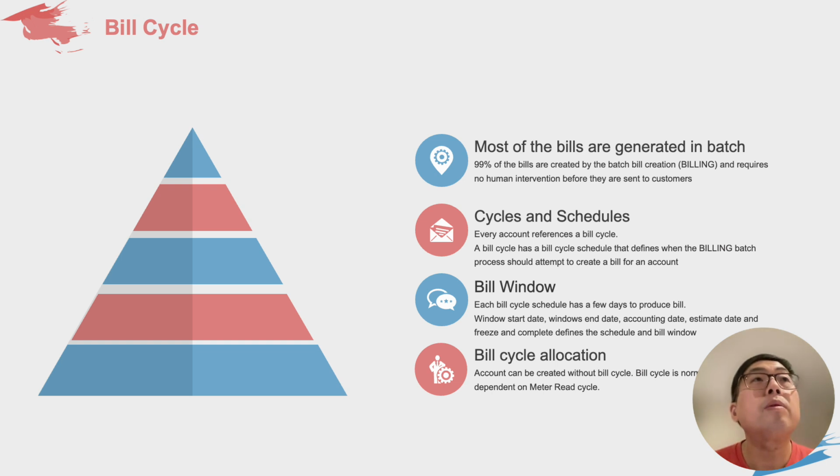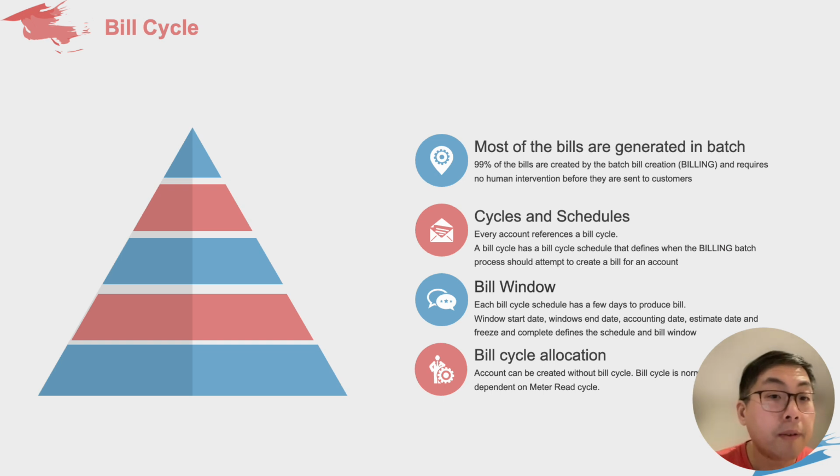So there is no way we can manually generate the bills, and actually 99% of the bills are generated automatically. This is done through a batch called billing, which generates the bill and completes the bill as well.